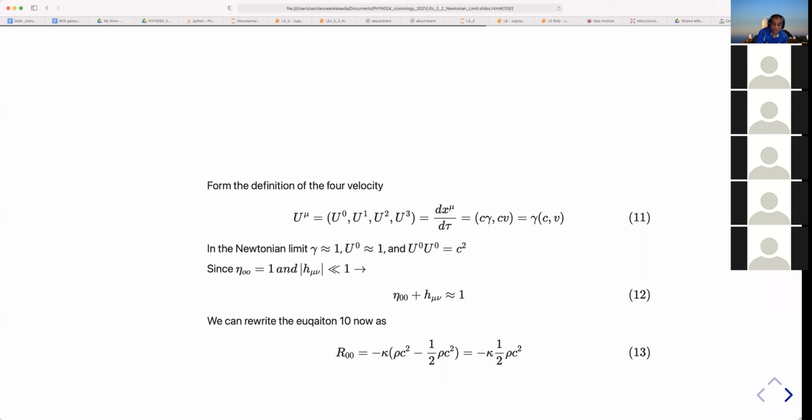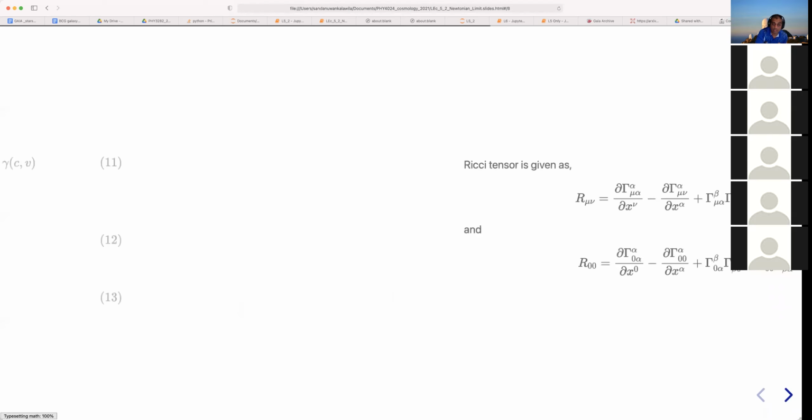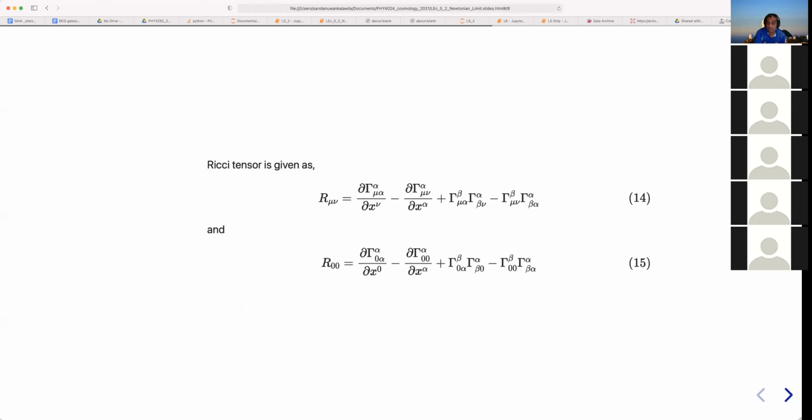Now we have one expression from Einstein's field equations. Now let's look at the Ricci tensor. The Ricci tensor is given by this particular equation. If you remember, we have discussed this Ricci tensor before.